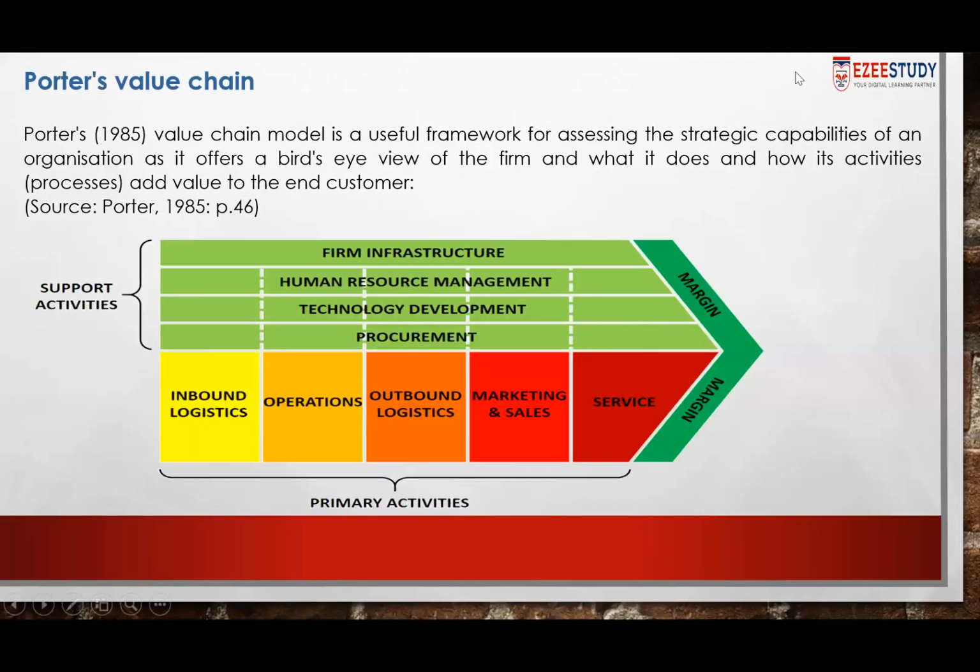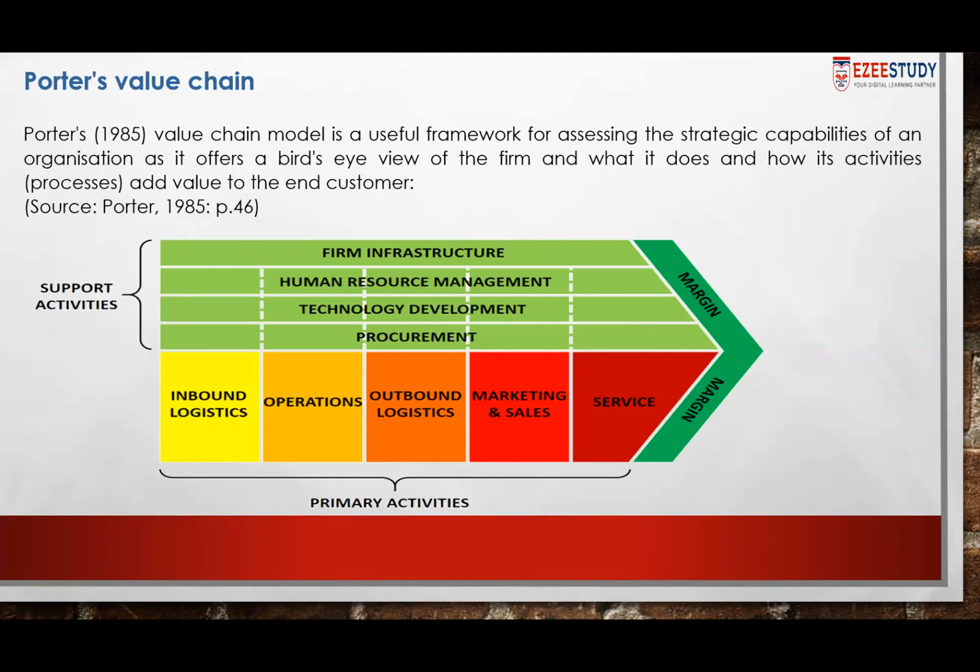So by performing all these activities, a company has to spend cost. Whether it's inbound logistics, operations, outbound logistics, marketing and sales, services, firm infrastructure, all the support activities, all of these will cost an organization.